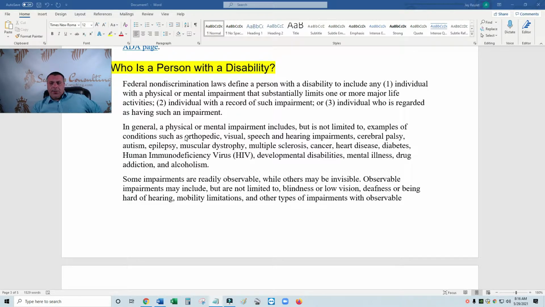Orthopedic, visual, speech, hearing, cerebral palsy, autism, epilepsy, muscular dystrophy, multiple sclerosis, cancer, heart disease, diabetes, human immunodeficiency virus, which is better known as HIV, developmental disabilities, mental illness, and drug addiction, as well as alcoholism.